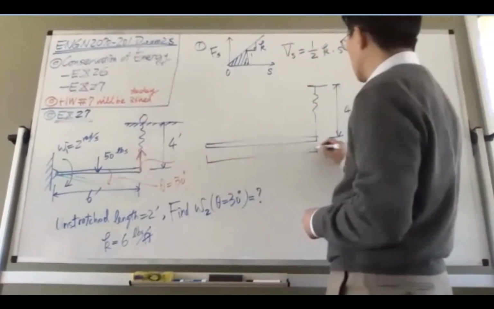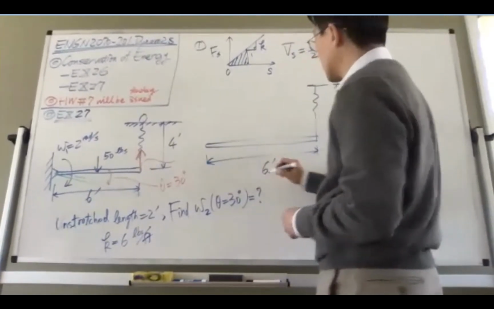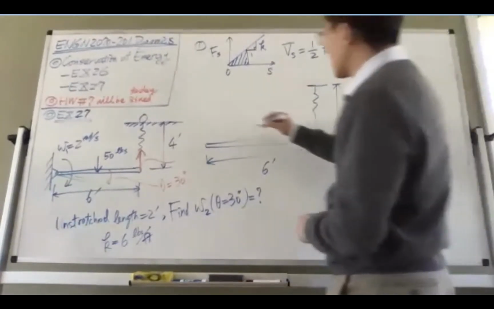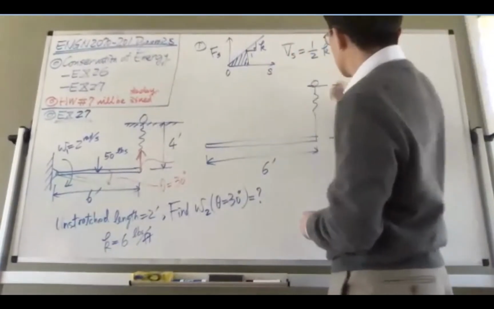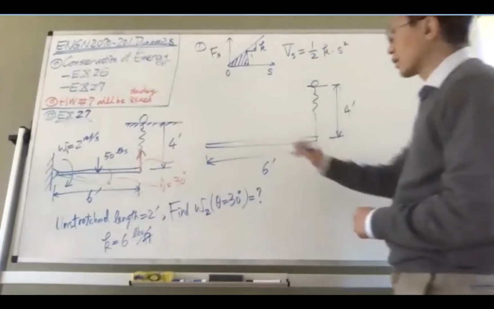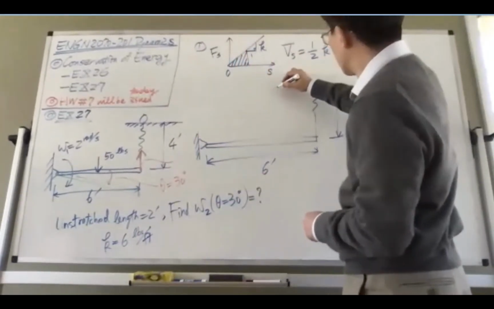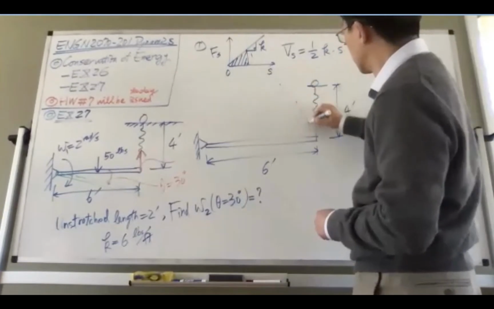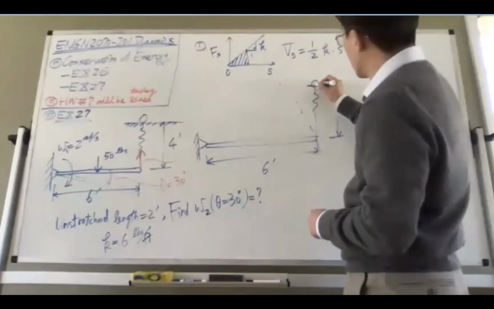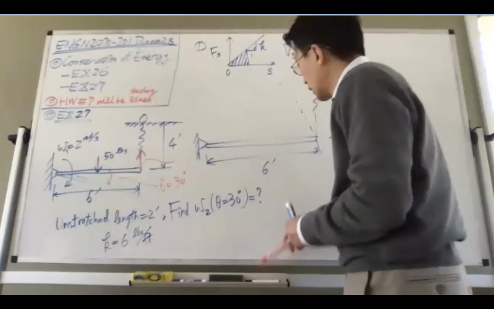From here to here, it's 6 feet. And that means when this spring is unstretched, because of the boundary condition, the bar can only move something like this, to some point here, and this is the unstretched length.